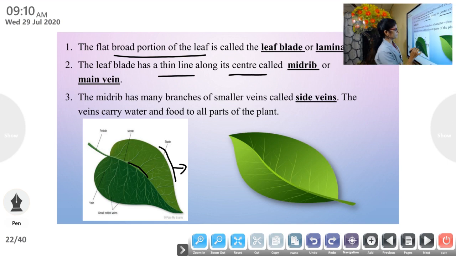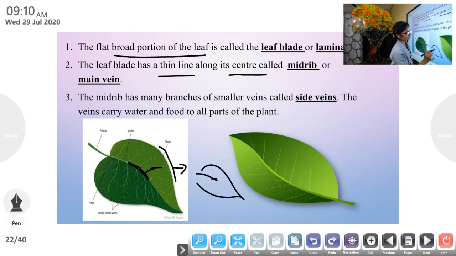Which are the side veins? This is the main center, we can see the midrib. Then we can see small veins. This is the leaf blade.